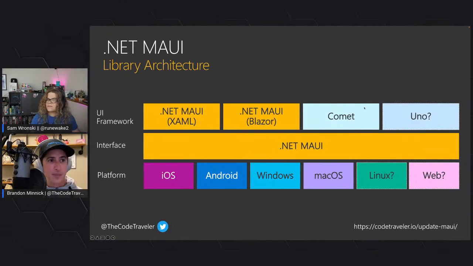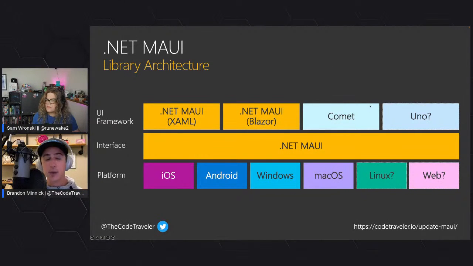With Comet, this introduces a new architecture that you may have heard of called MVU, Model View Update. MVU is quickly becoming a popular architecture in other developer communities, such as JavaScript. React uses MVU, Flutter uses MVU. And so we have a new UI library available for anybody that wants to check it out.